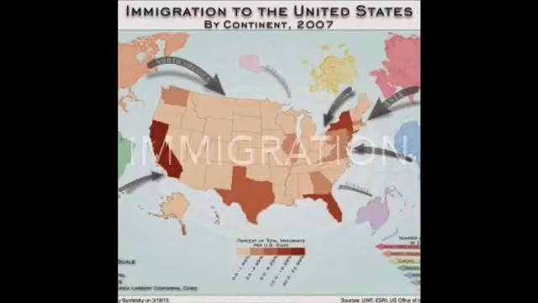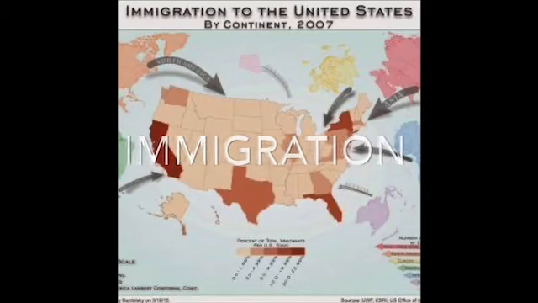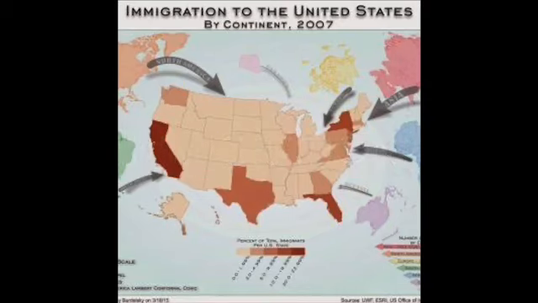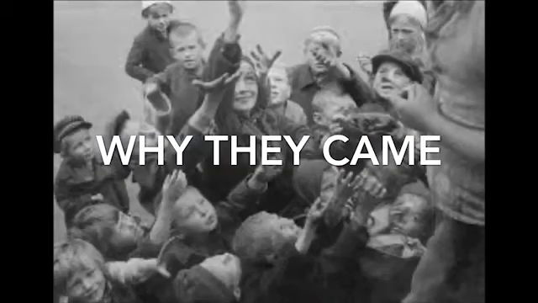Now I will talk about the immigrants. During this time, after the Civil War, most of the immigrants came from Southern and Eastern Europe as well as Asia. Before this, most of the immigrants were German and Irish Catholics, and before that, they were Protestants from Western and Northern Europe. Immigrants came to America to seek a better life. In their homeland, there was a lot of famine, a bad economy, and political unrest.